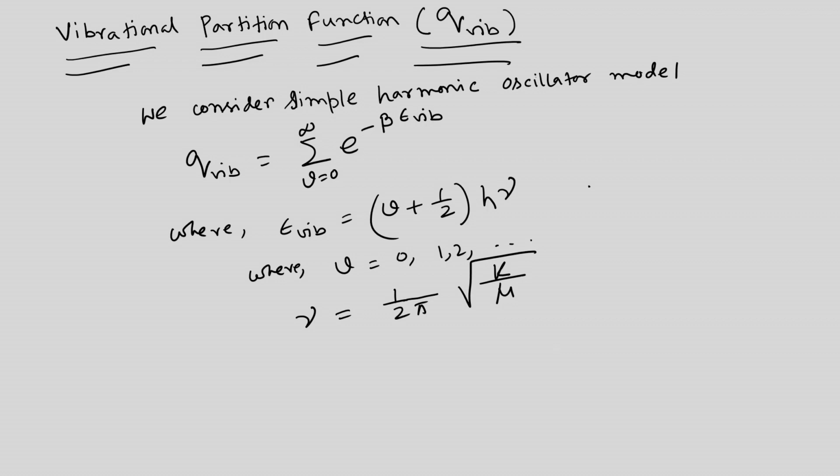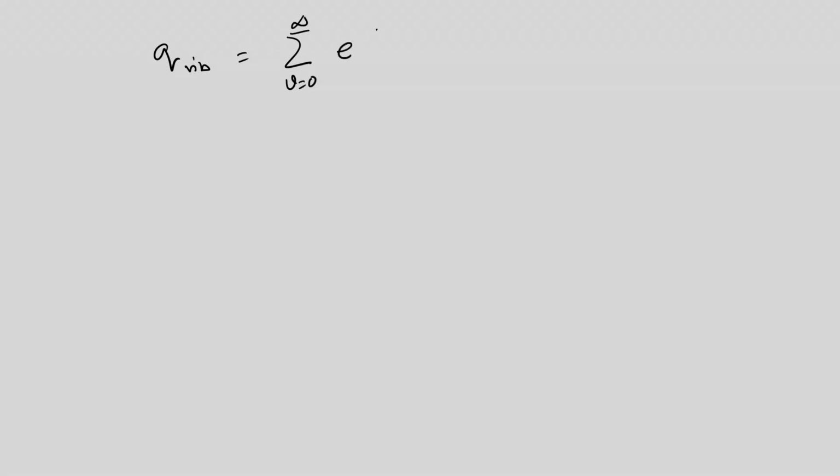Okay, so if we substitute the expression for vibrational energy into the partition function expression, we get Q vibrational is the sum of e to the minus beta times (v plus half) times h nu. Now, we can further simplify this equation.